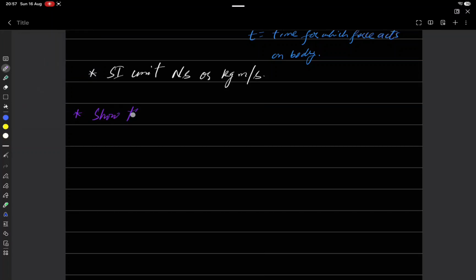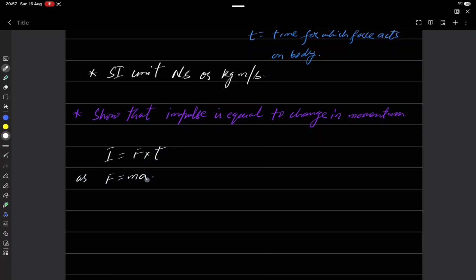Show that impulse is equal to change in momentum. Impulse is equal to force multiplied by T, as F is equal to ma.